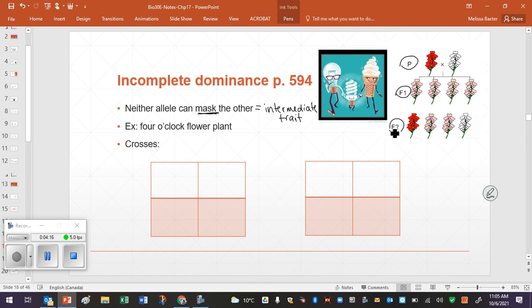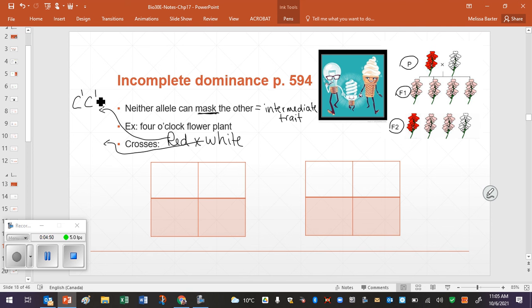So for example, if I'm going to cross a red with a white flower, I might represent the red flower's genotype like this. I'll do it over here where I have a bit more space. I'm going to use the letter C for color because I don't want to use red or white. Neither one of them is dominant. And I'll put 2 1s to represent red.